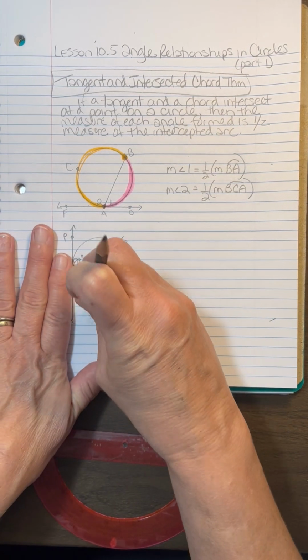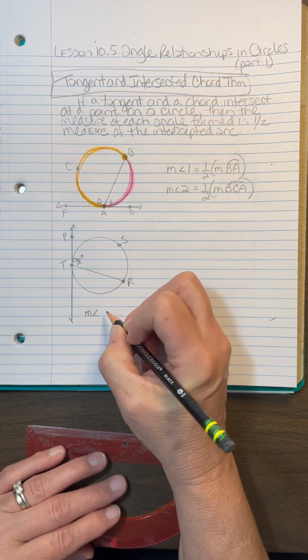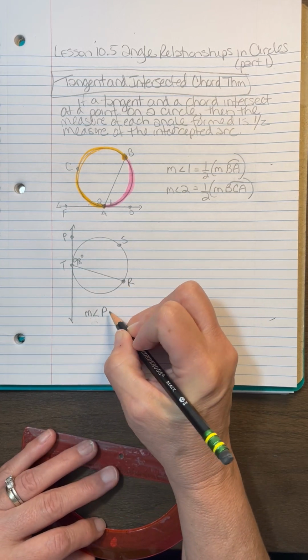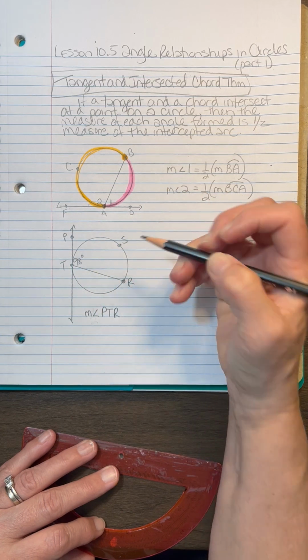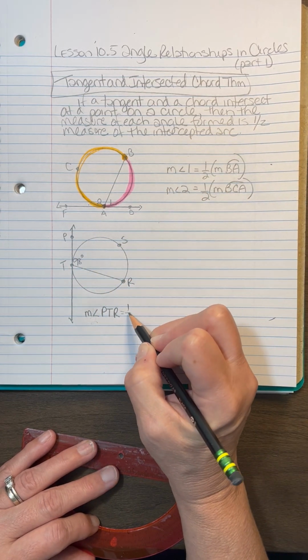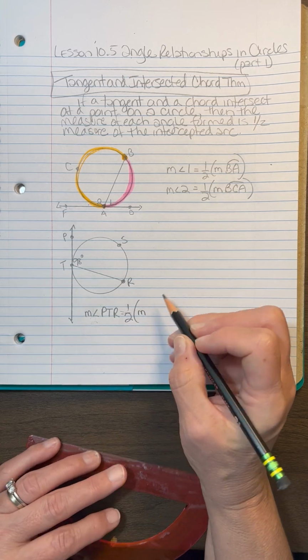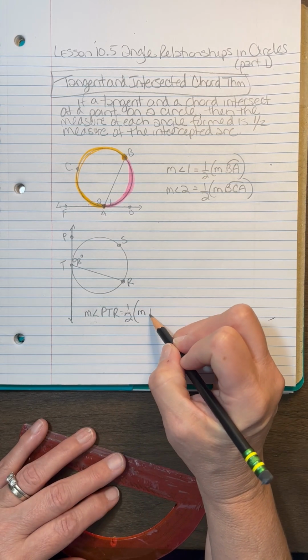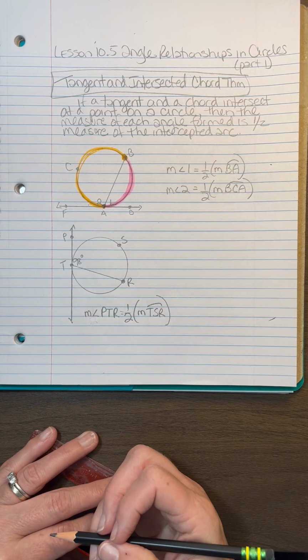Actually, let's go the other way around. So we know that the measure of angle PTR, right? PTR is half of the arc that it intercepts. So half the measure of arc TSR, right?